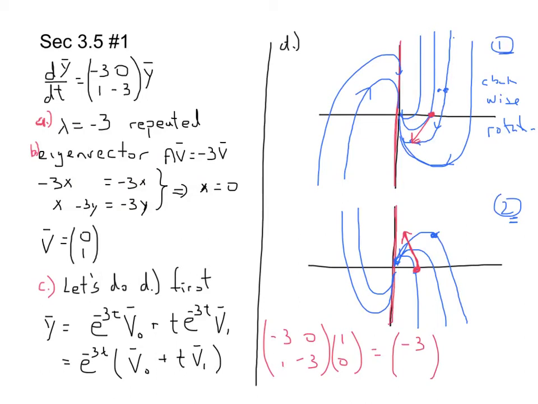But in this case, the y component is negative, I'm pointing down. In this case, the y component is positive, I'm pointing up. When I do the multiplication, I get a positive 1 here.